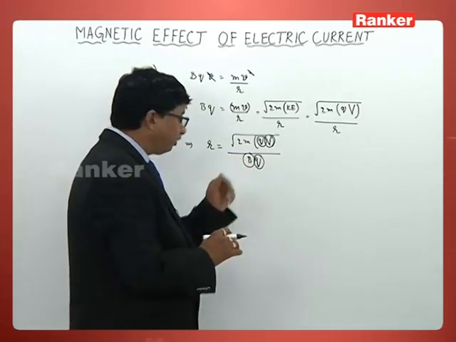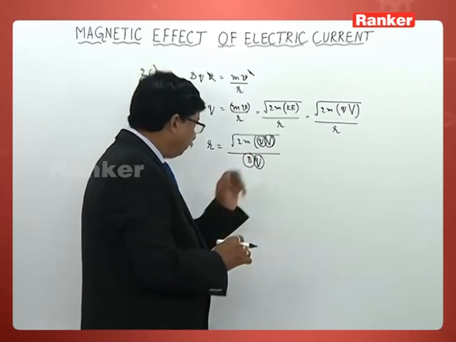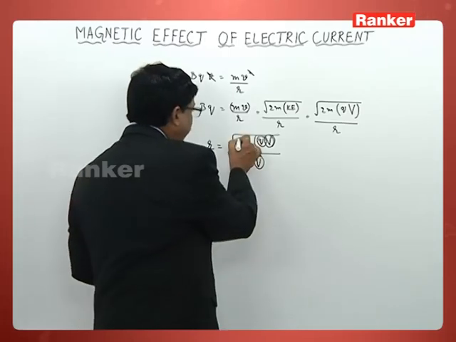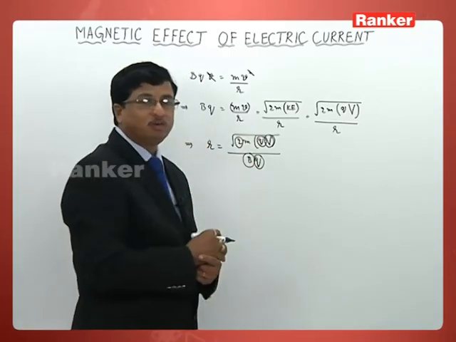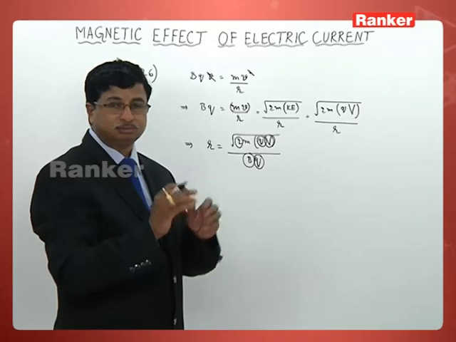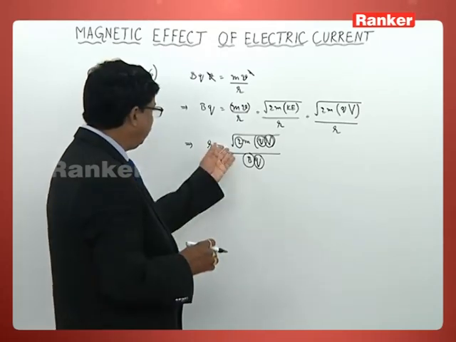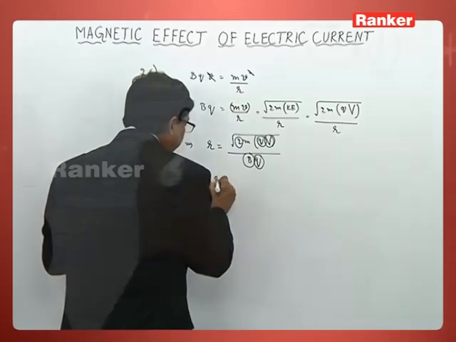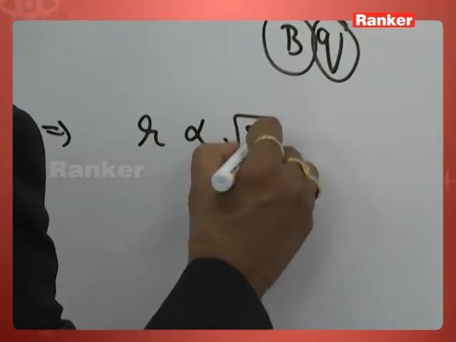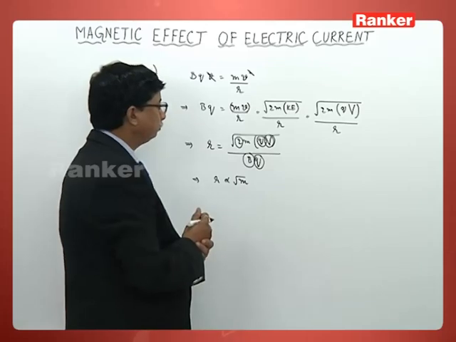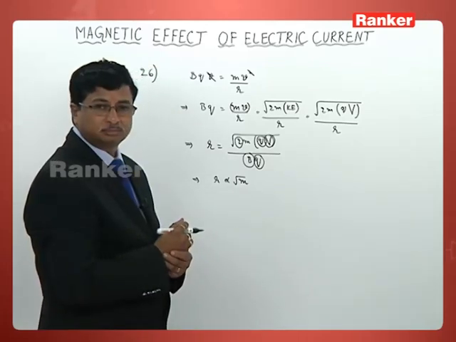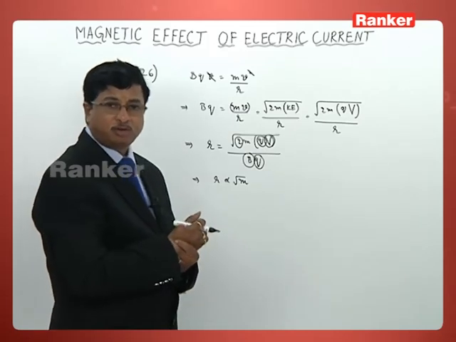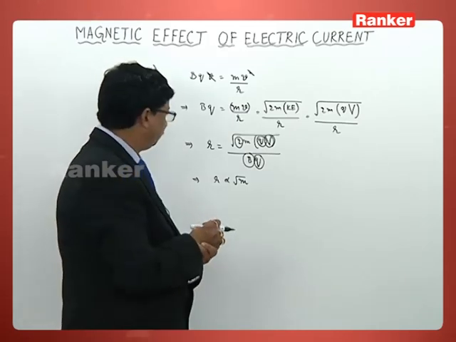So B is constant, Q is same, V is same for both of them, and we know 2 is a constant anyhow. Now what is remaining? R is proportional to root m. R is proportional to root m.